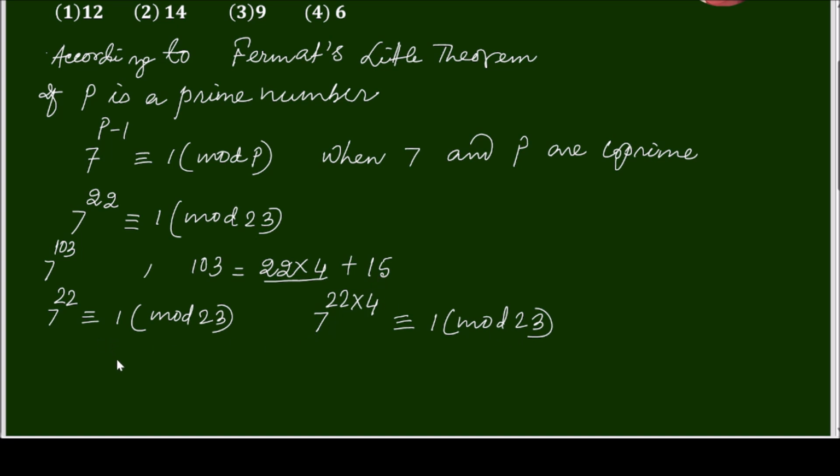Now coming to 15. So 7 raised to the power 103 is the same as 7 raised to the power 88 into 7 power 15. So it is 7 power 22 to the power 4 into 7 power 15.